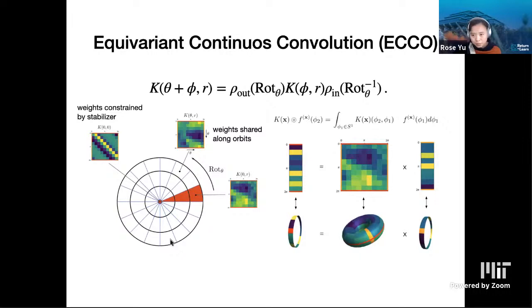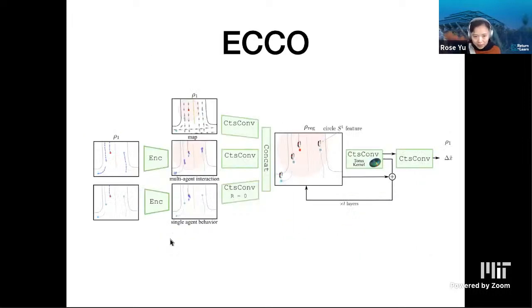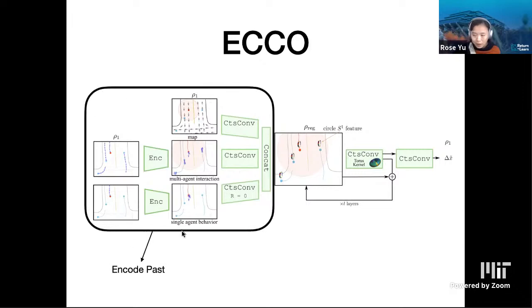We can implement this convolutional kernel into a typical forecasting framework, right? We have the positions of different cars, and then we encode them through different modules. We have 3 different modules, and we encode the past position and velocity of all the cars. The first module encodes the map information.